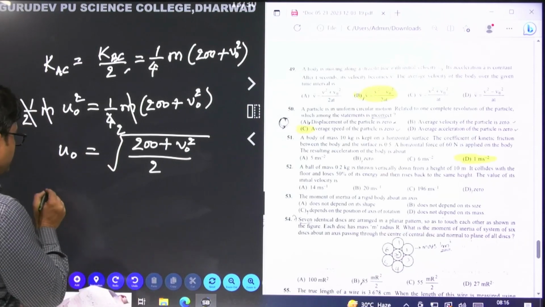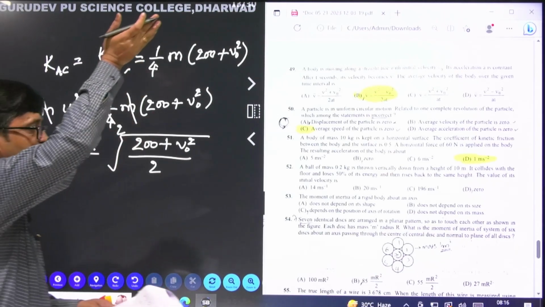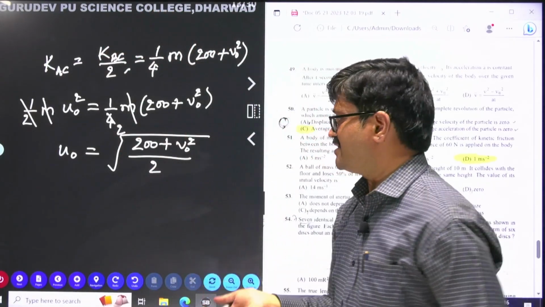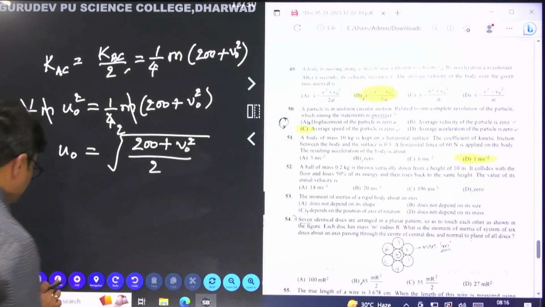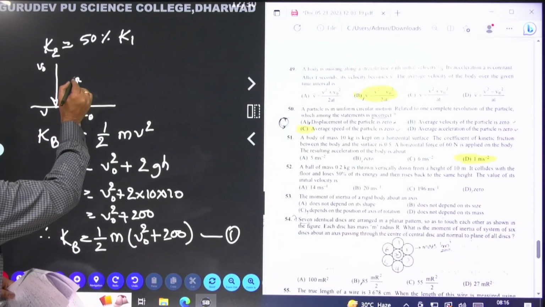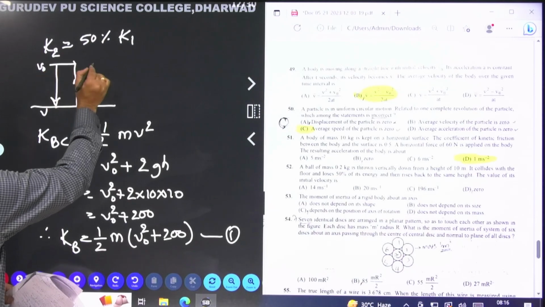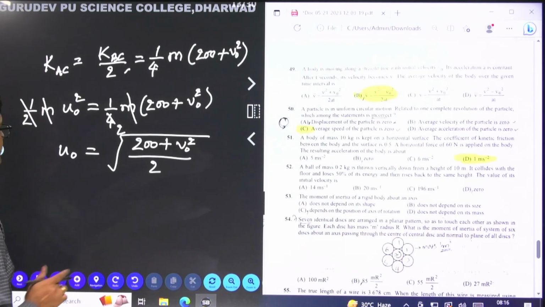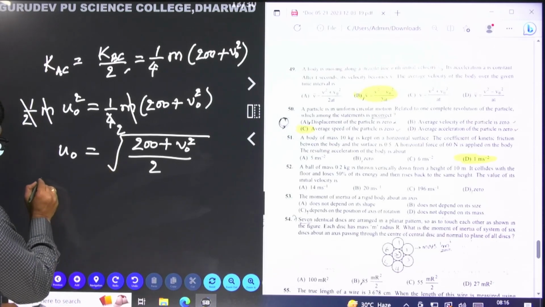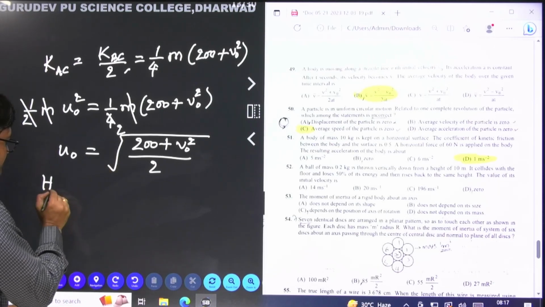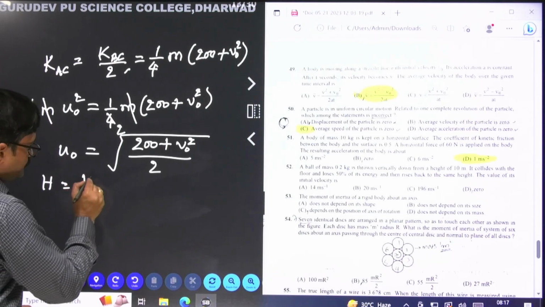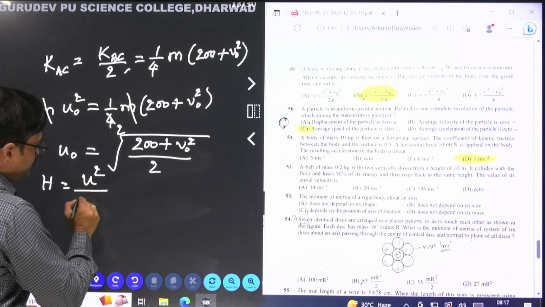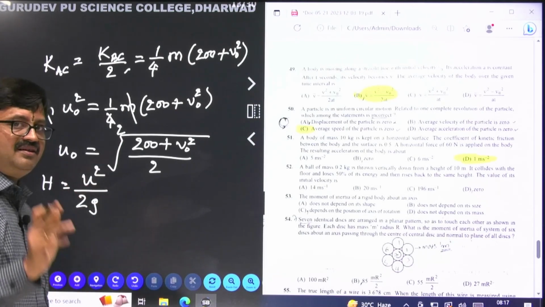Now maximum height to which this body will rise after collision. As you can notice here, it is going to rise up to the same level. For that reason, I'll consider maximum height, h max, will be equal to u square by 2g, because angle theta is 90 degree here.